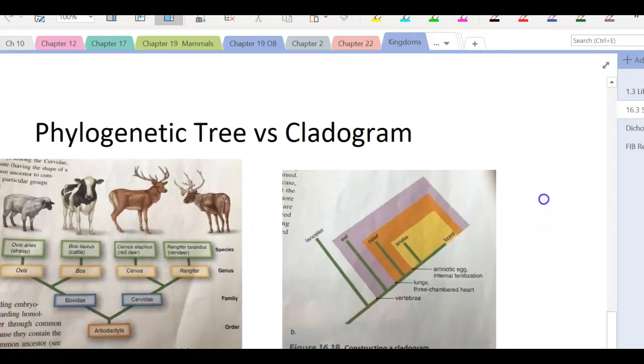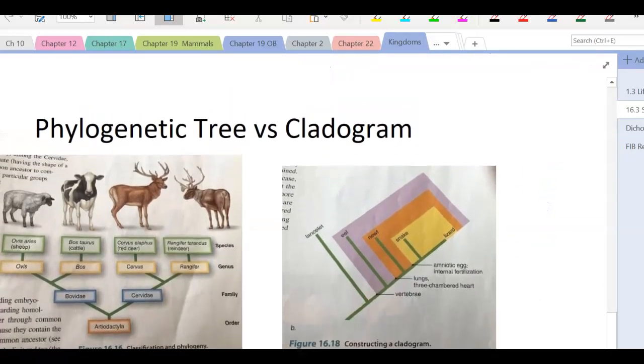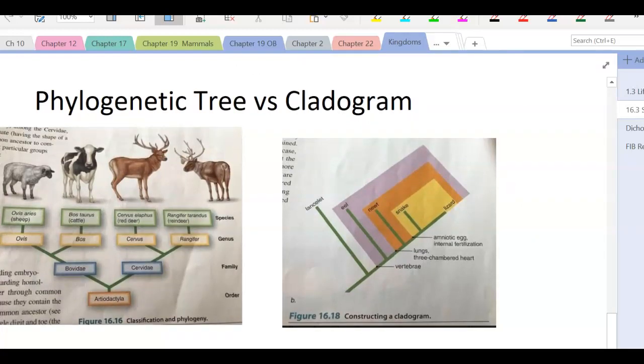So when individuals who study systematics and phylogeny and classification want to show evolutionary relatedness, they can use two different devices. The one on the left is called a phylogenetic tree. Just like the ones we've studied before, you can see that the organism at the bottom would be a founding common ancestor. Here we can see of these four different kinds of animals, the Bovidae do not have antlers and the Cervidae do.